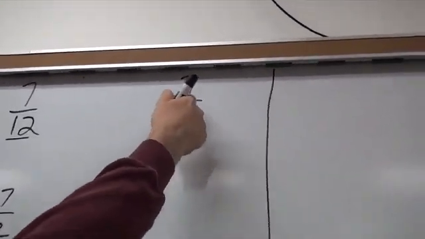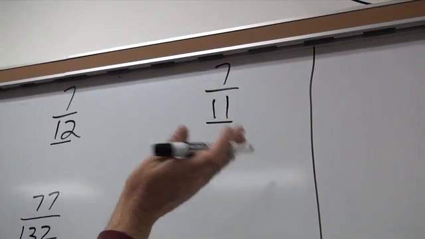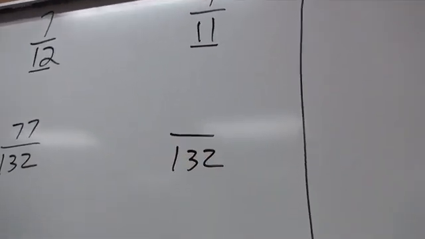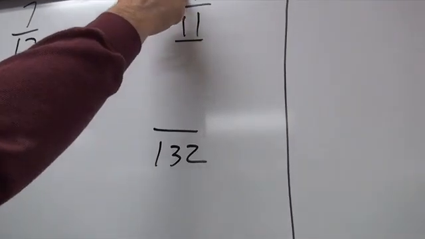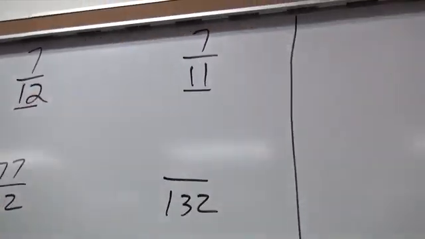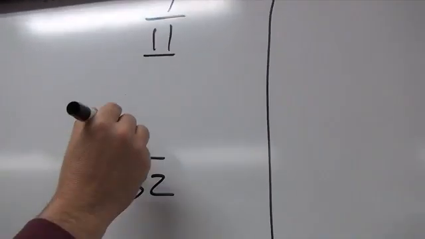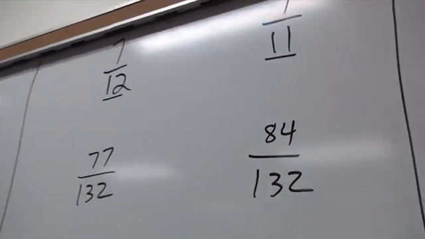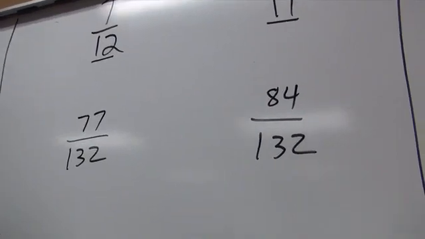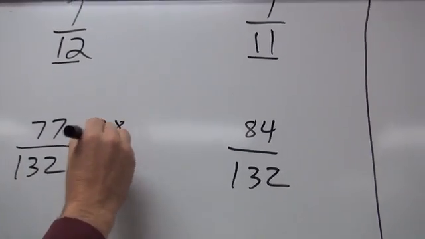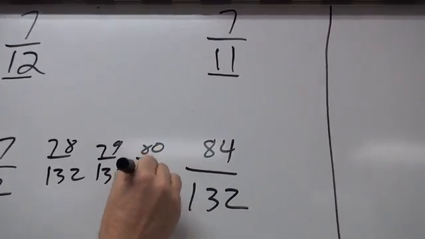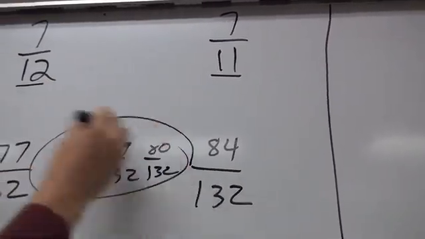Over here, we'd take those 1/11ths and cut them up into 12 pieces each, thus giving us the 132nds. And if we had 7 copies of those 1/11ths and we cut them up into 12 pieces each, that would be 84 132nds. So what's in between 77 and 84 132nds? Well, 78 132nds, 79 132nds, 80 132nds, and you could keep going, but we only needed 3.